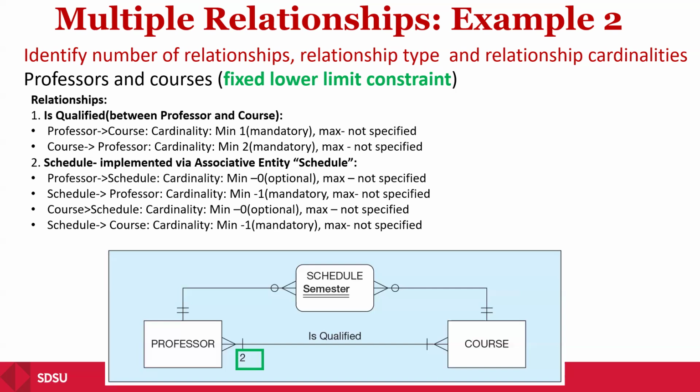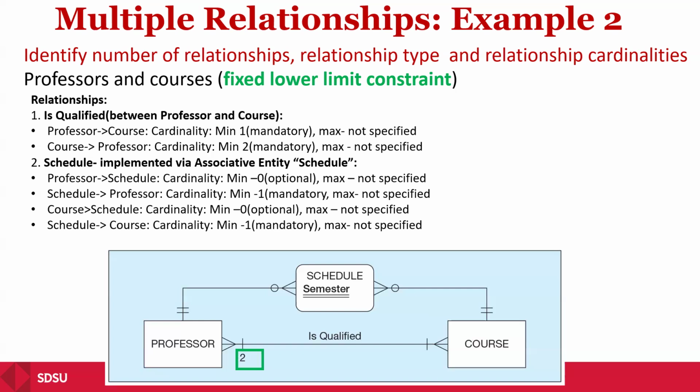We have another relationship, schedule, which is implemented via an associative entity, and it has minimum cardinality on both sides of the schedule entity of zero, so it's optional for both course and professor to have a schedule.